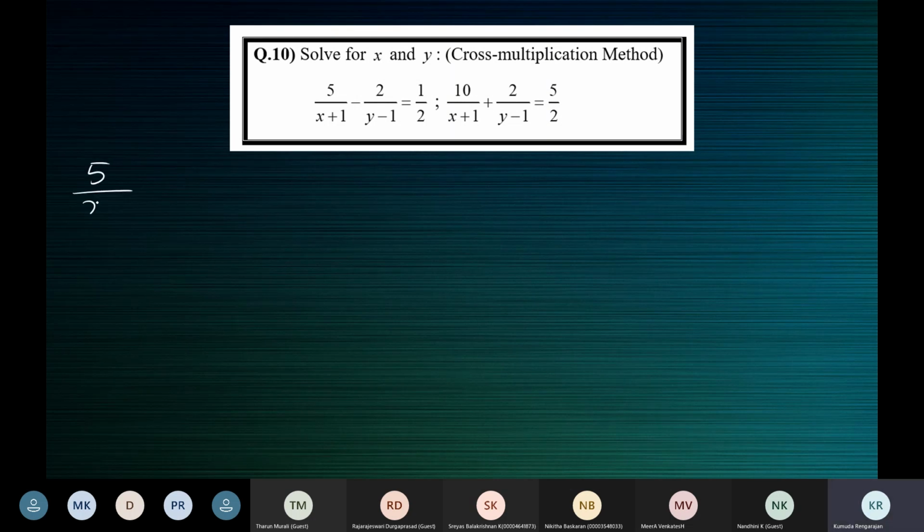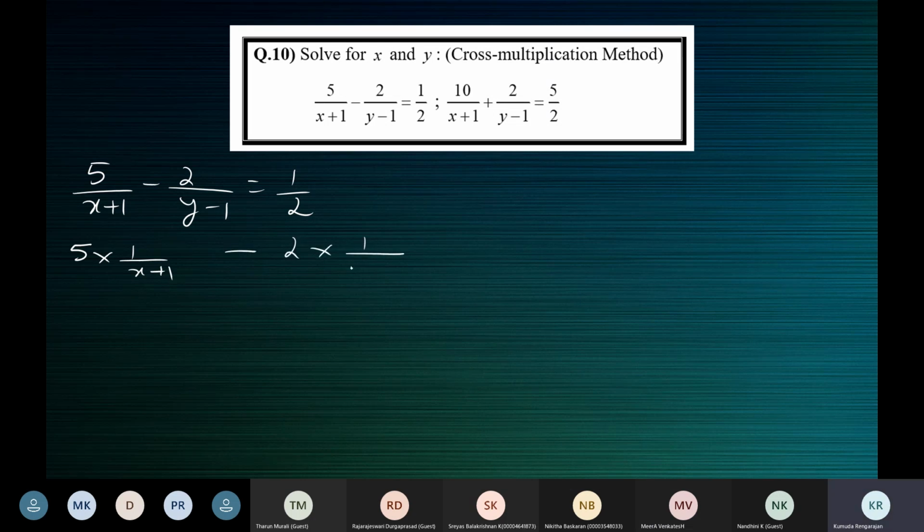This is the first one, 5 by x plus 1 minus 2 by y minus 1 is equal to 1 by 2. What do we do? So we write it as 5 into 1 by x plus 1 minus 2 into 1 by y minus 1 is equal to 1 by 2.